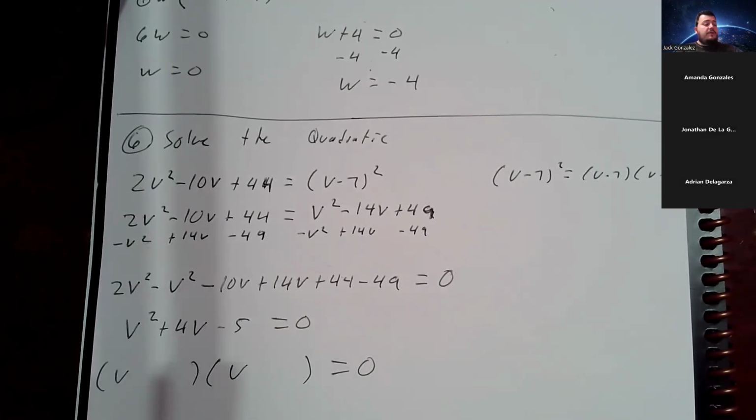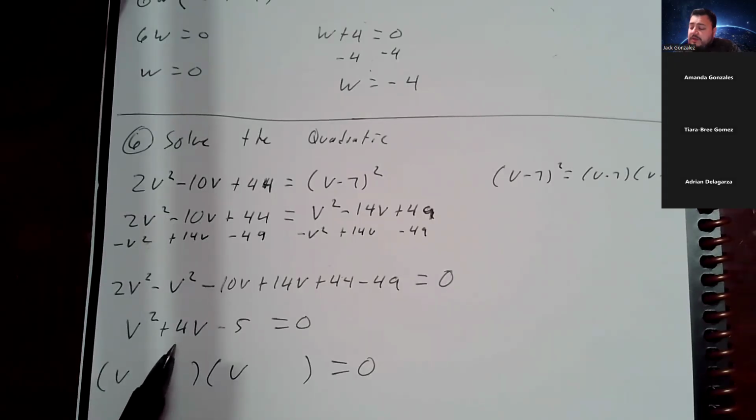It looks like we can factor with trial and error. Do y'all see how to factor this? Yes, I think it should be v plus 1 and v minus 5. Close. But they have to add up to positive 4, so switch the signs, right?